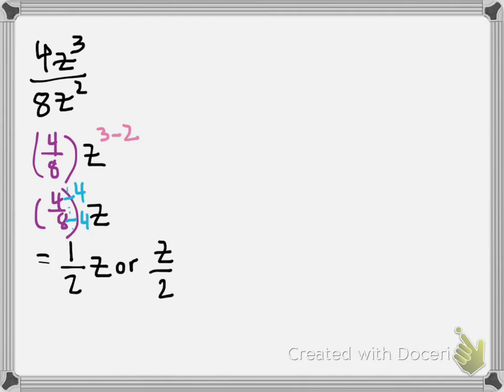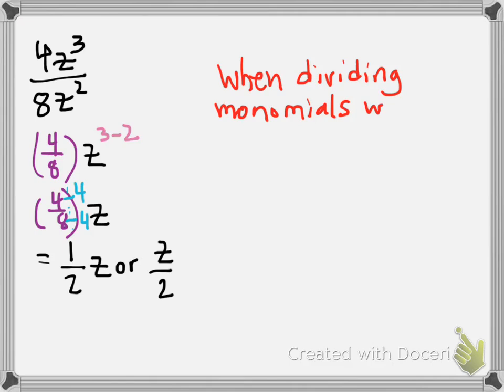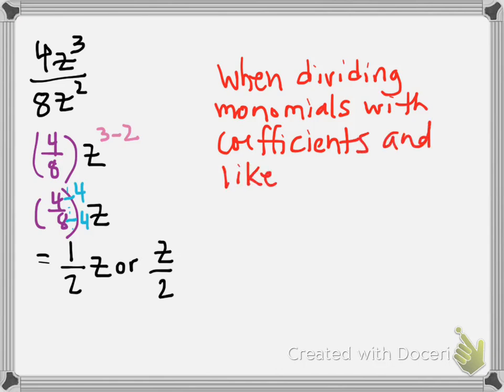All right, so let's see if we can come up with a rule that we can use when coefficients are involved. So I'll start. When dividing monomials with coefficients and like bases, what are we going to do?